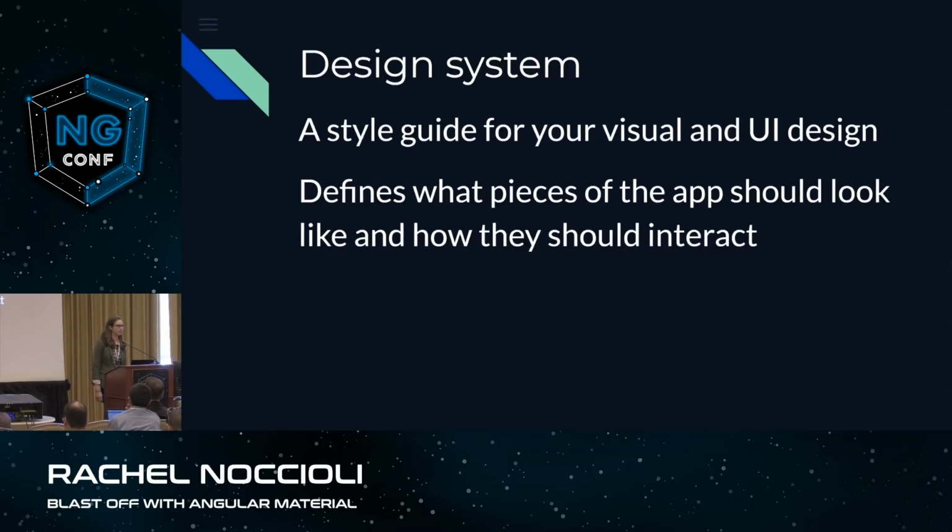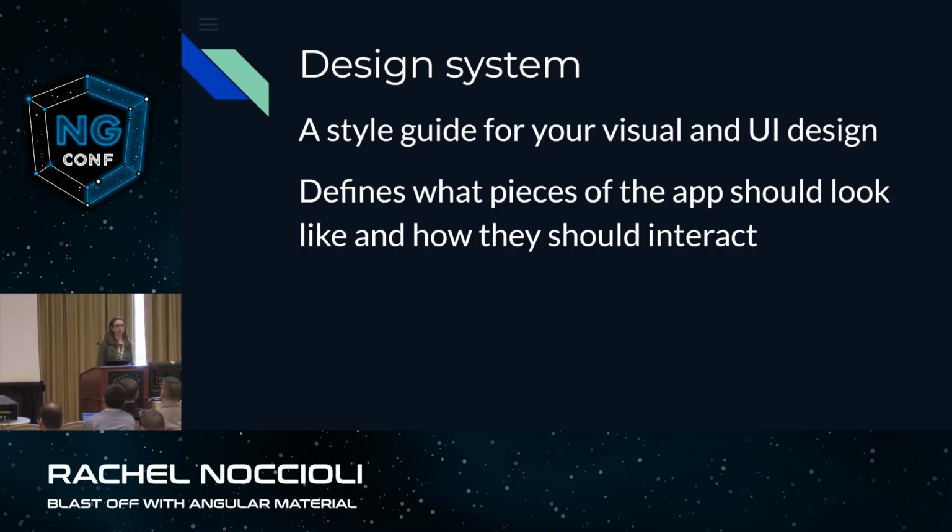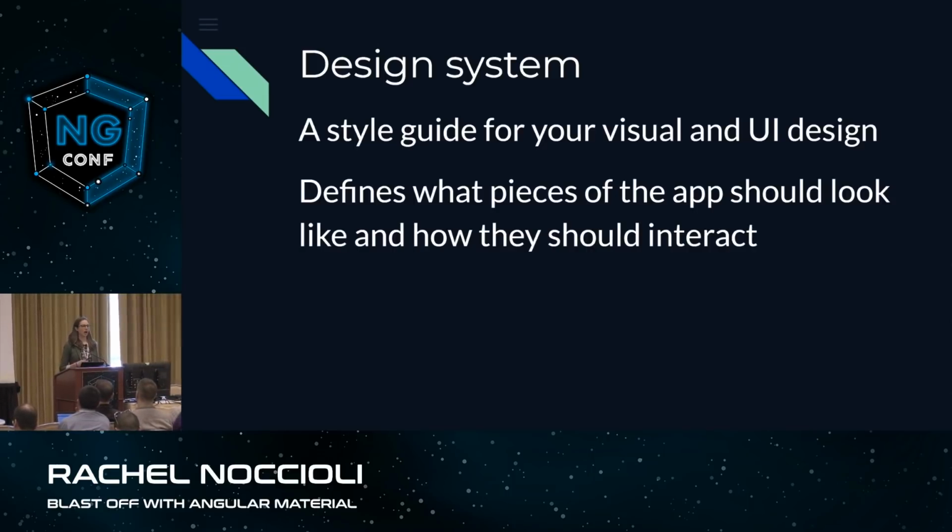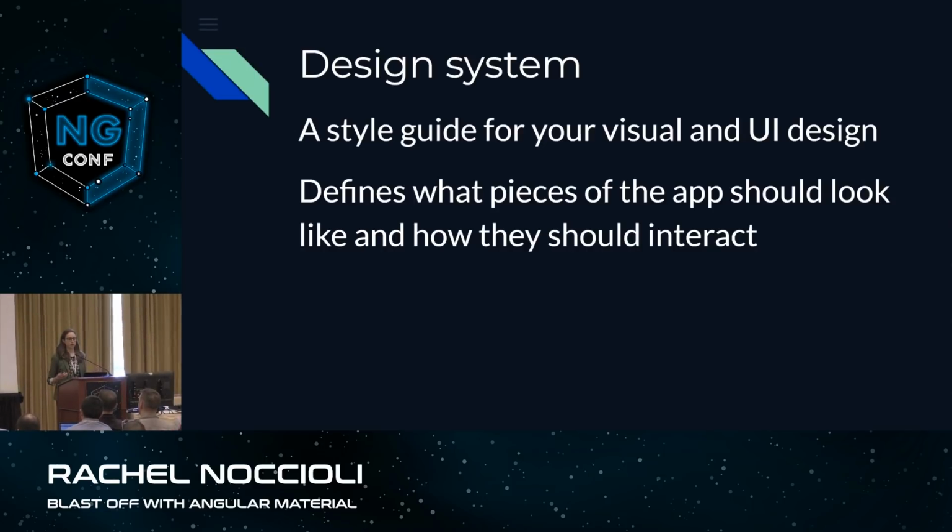So yesterday during Stephen Fluen's talk, he mentioned that every app is using a design system, whether it's an explicit one like material design or just the ad hoc evolution of the look and feel that's been created as you create your app.